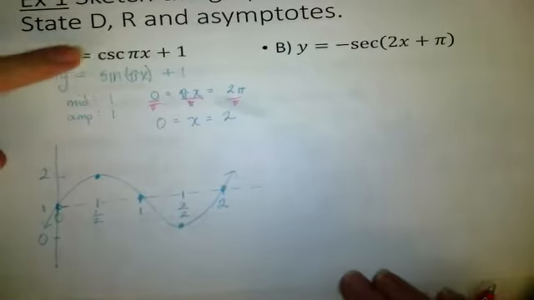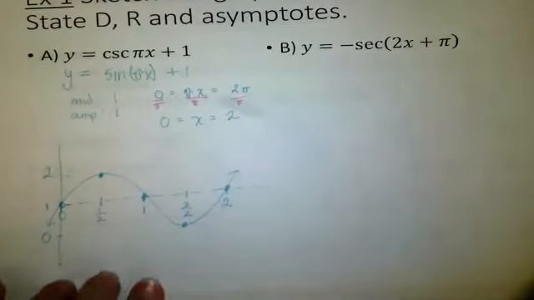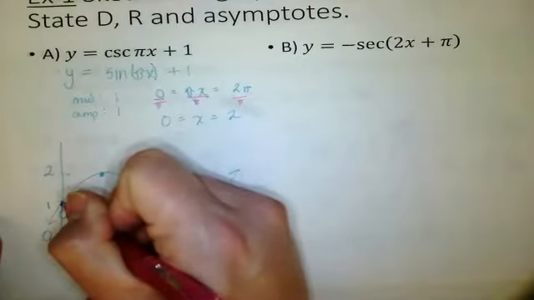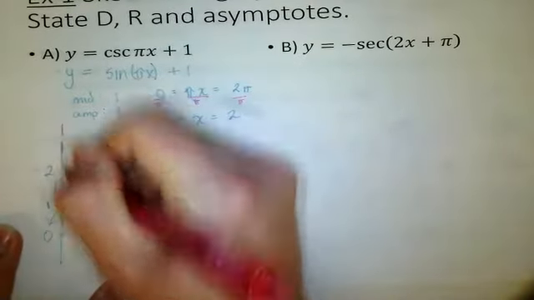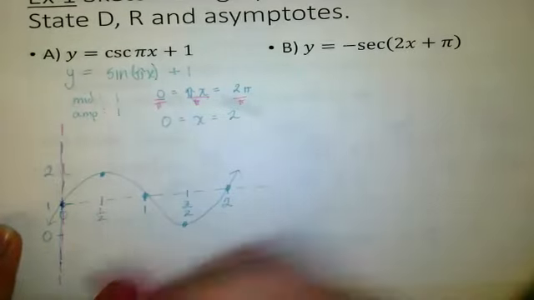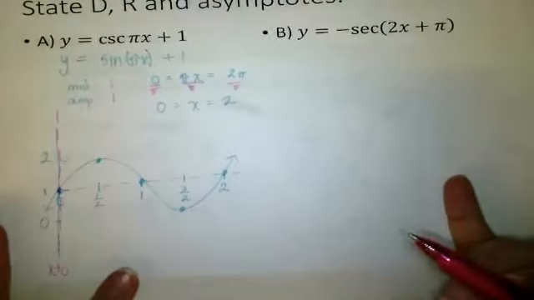Now, to draw cosecant, we need to add in asymptotes. Vertical asymptotes occur at every crossing of a midline. So everywhere our graph crosses the midline, it becomes a vertical asymptote. So we have a vertical asymptote at x equals 0. Where's another vertical asymptote?